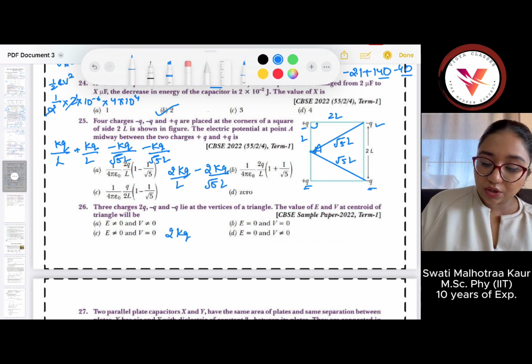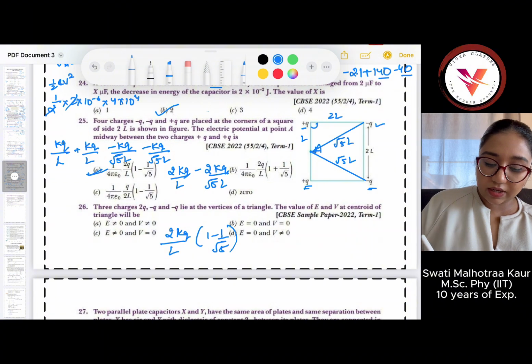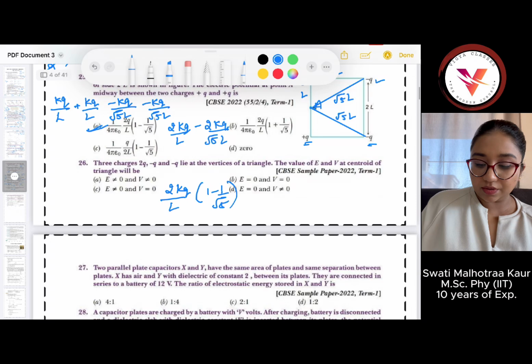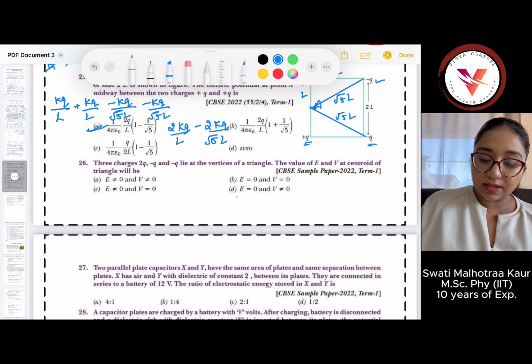Take 2KQ by L out, this becomes 1 minus 1 by root 5. I think this is the correct one. K 2Q by L, 1 minus 1 by root 5. Okay. Next, 3 charges 2Q, minus Q lies at the vertices of a triangle.